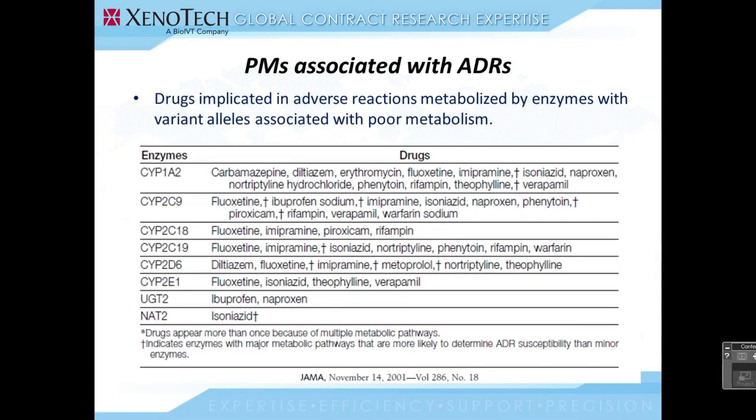It is observed that poor metabolizers are frequently associated with adverse drug interactions. These are examples of drugs implicated in adverse reactions metabolized by enzymes with variant poor metabolizer alleles. This table also illustrates the point that multiple polymorphically expressed enzymes may participate in biotransformation of a given xenobiotic.